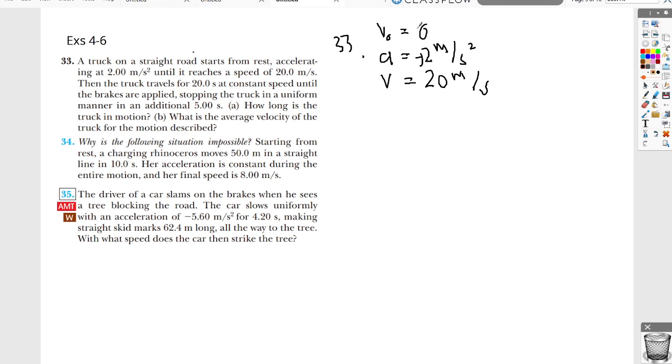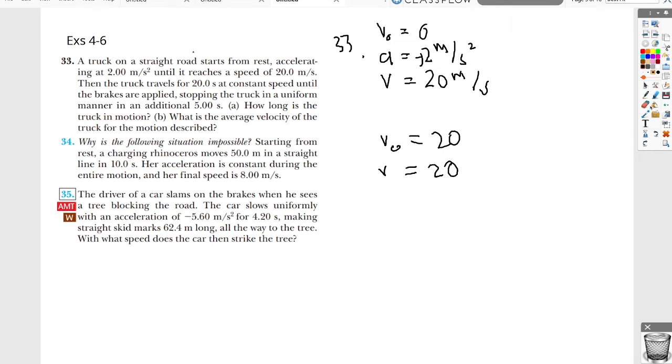So that's scenario 1. Scenario 2 is the truck travels for 20 seconds at constant speed until the brakes are applied. So since it's traveling at constant speed, our v naught is 20, and our v is 20.